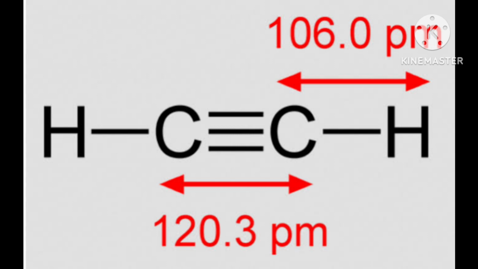What do you mean by ozonolysis? It is the addition of ozone to alkene. That is called ozonolysis, and the product name is ozonide.